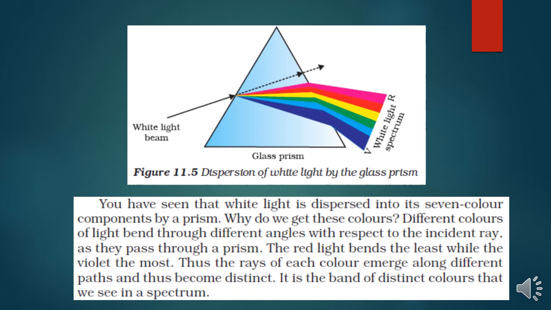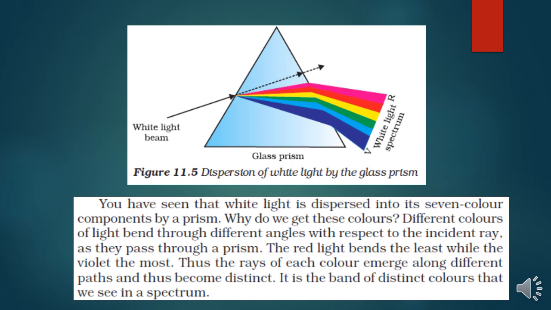So as I said, the band of those 7 distinct colors that is obtained when white light is made to pass through a glass prism is known as spectrum. And this phenomenon, that is dividing white light into 7 colors, is known as dispersion of light.